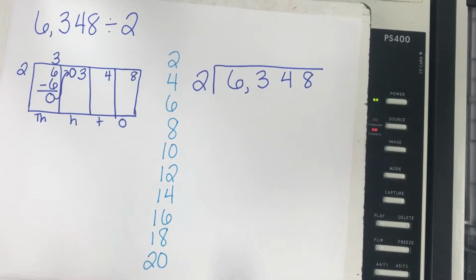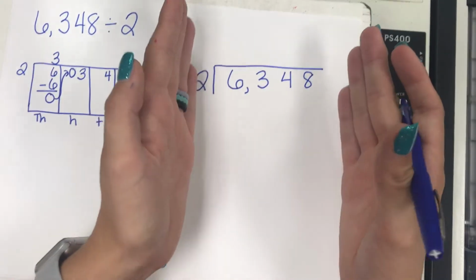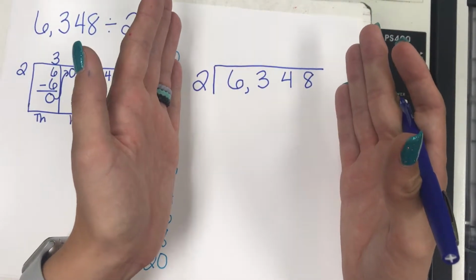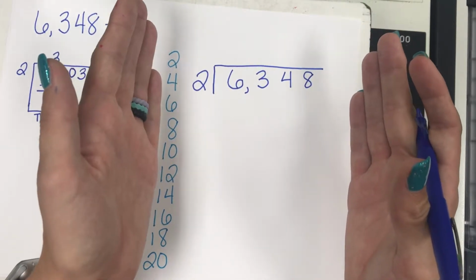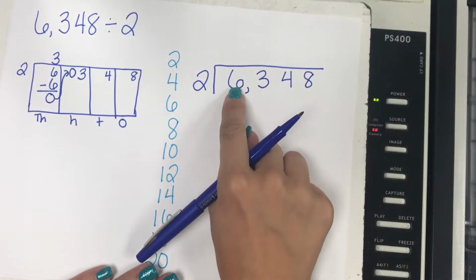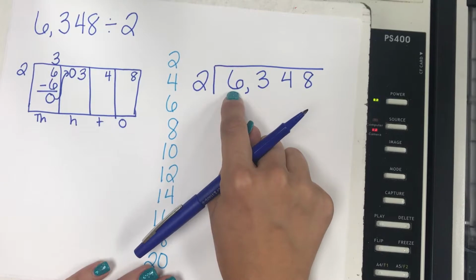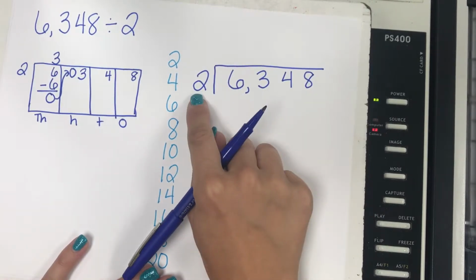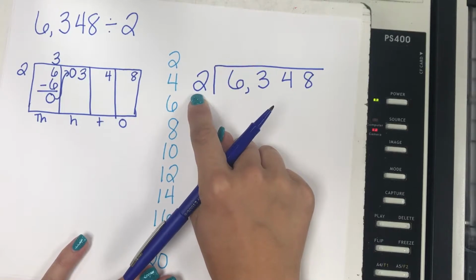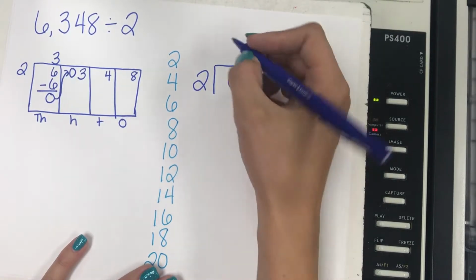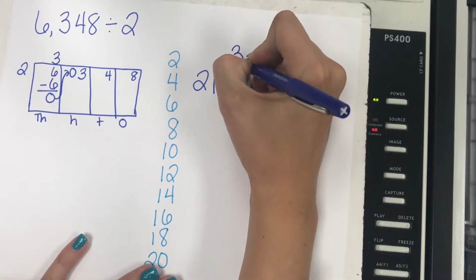Okay? Now, I'm going to jump over to my standard algorithm that looks a little bit different, but it's the same thing. If I have 6,000s and I need to divide them into 2 groups, how many thousands does each one get? 3. So guess what? The 3 goes on top again.